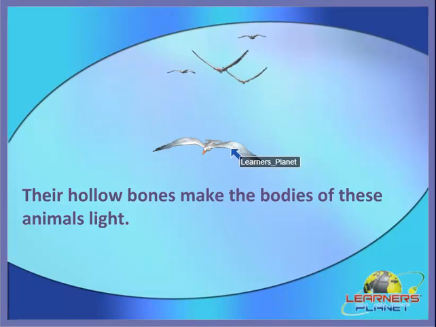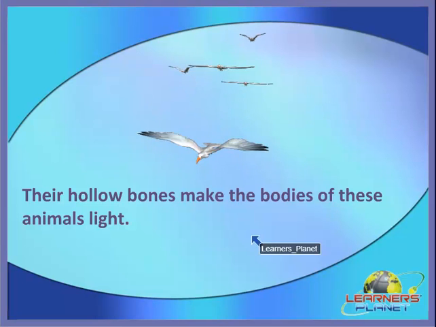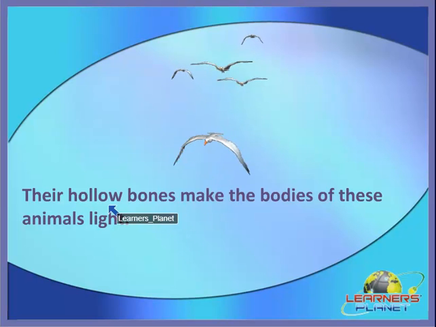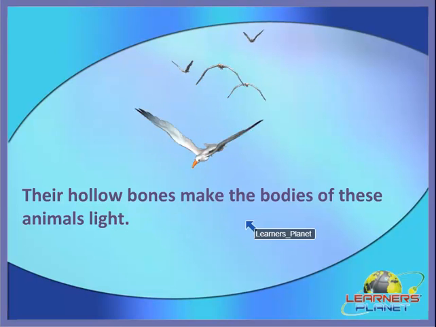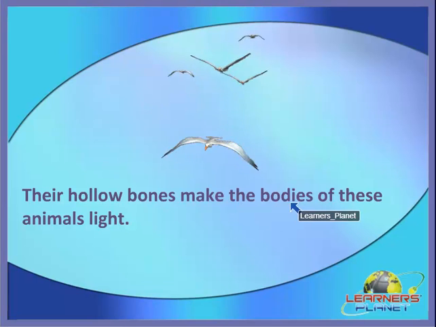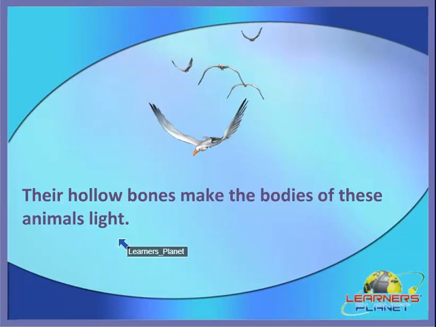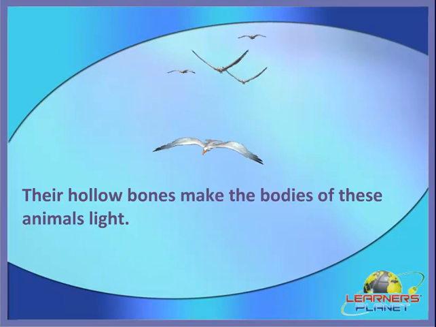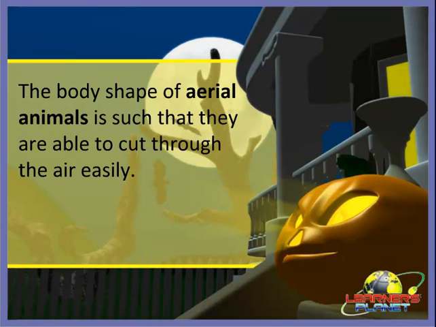as wings. So birds or the aerial animals are able to fly with the help of their wings, and their bones are also hollow, because of which it makes the bodies of these aerial animals very light in weight.